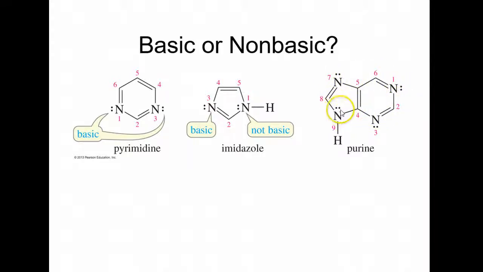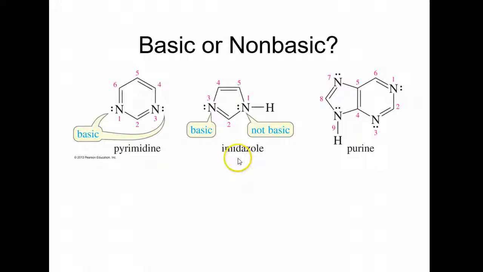Notice these lone pairs are preoccupied in the resonance of this ring right here. You have 2, 4, 6, 8, 10 pi electrons, so that follows Huckel's rule of aromatic. So this is an aromatic compound, and these lone pairs are preoccupied. These 3 here, the ones at positions 1, 3, and 7, are not preoccupied in resonance, so those can act as a base.